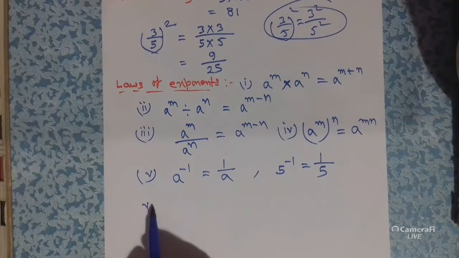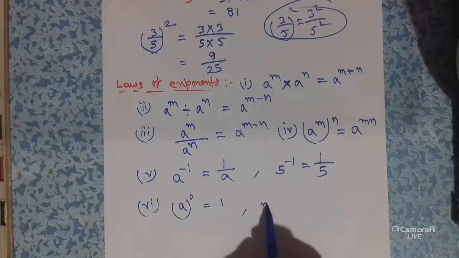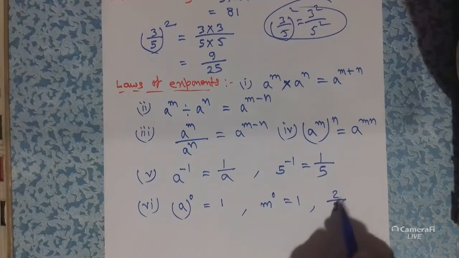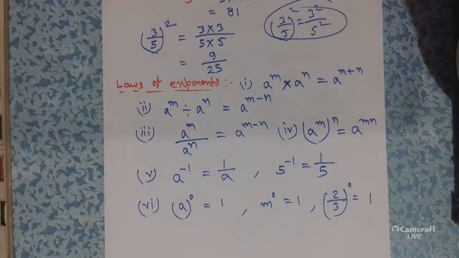And students, if any number has its exponent 0, then its value is 1. So that's why if a to the power 0, then it is 1. If m to the power 0, then it is 1. If 2 by 3 to the power 0, then its value is also 1. So any number that has exponent 0, its value is 1. Always remember it.